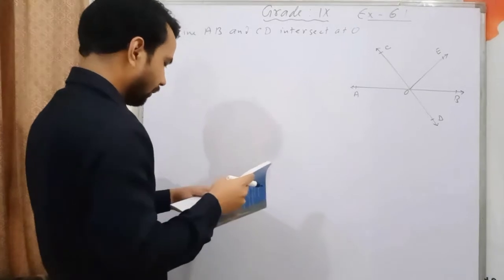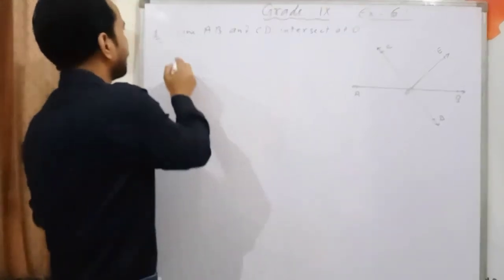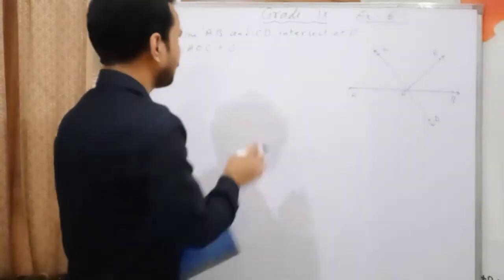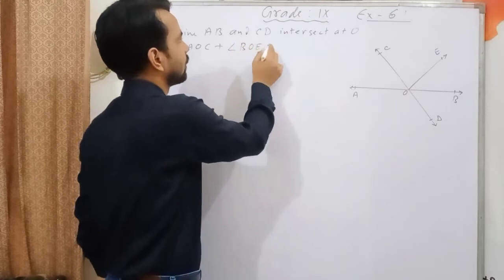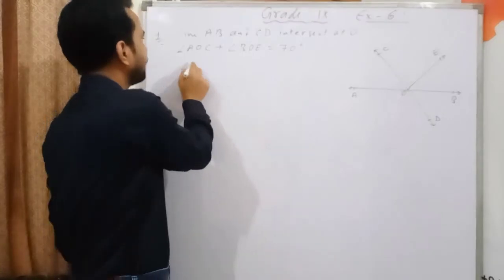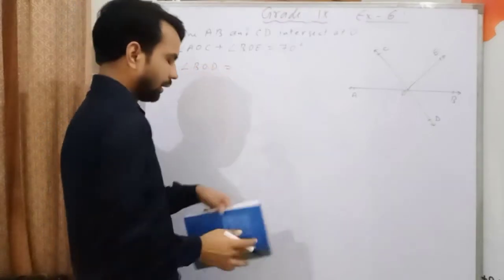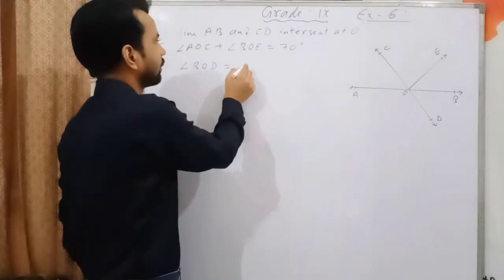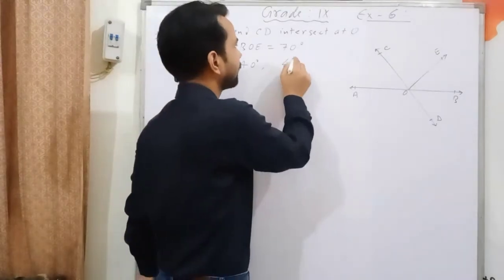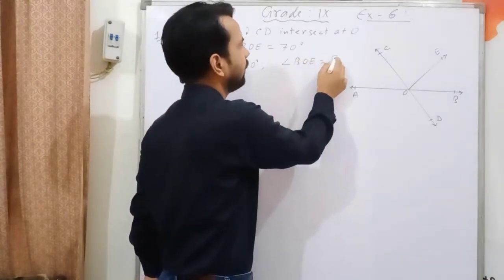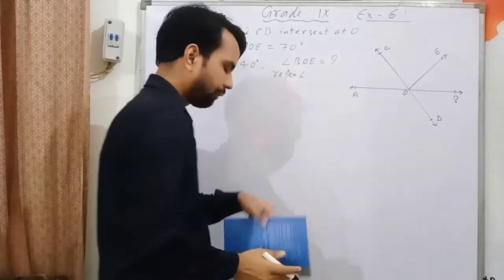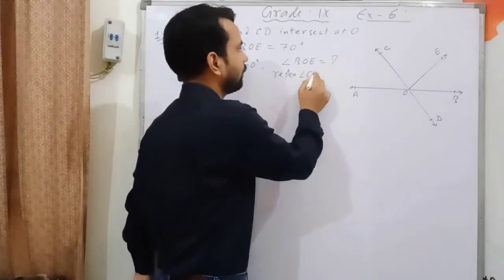Apart from that, one condition is given: angle AOC plus angle BOE equals 70 degrees, and angle BOD equals 40 degrees. Now the question is saying find angle BOE, and reflex angle COE. This we have to find.